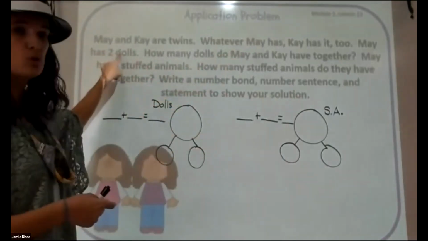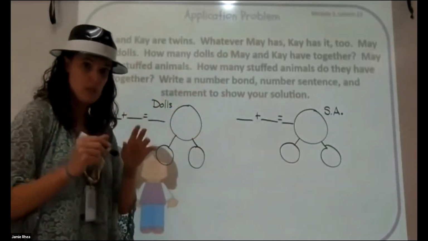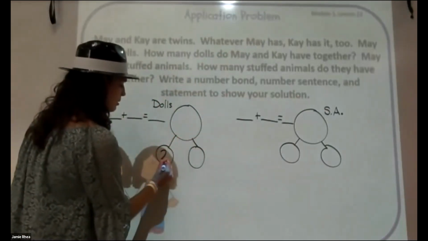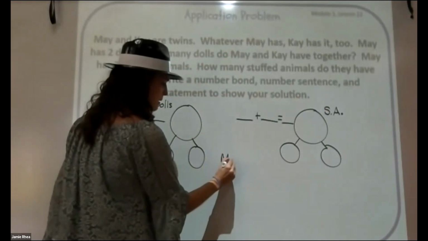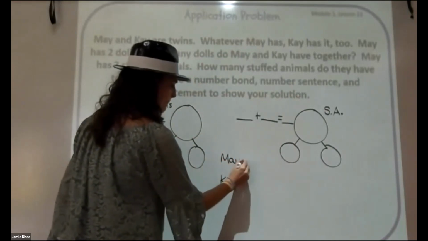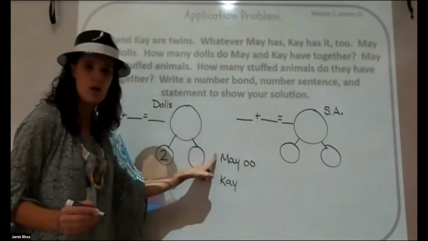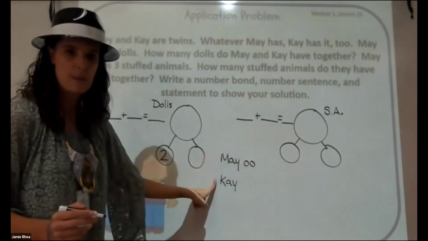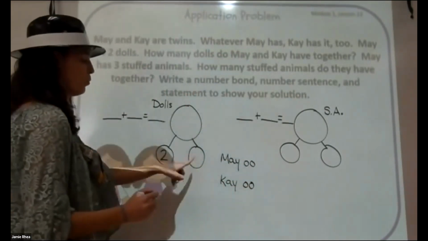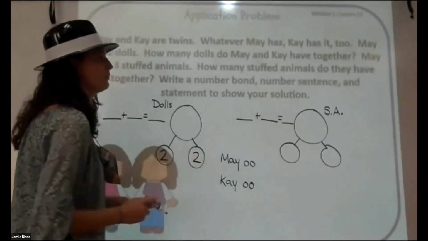May has 2 dolls. Okay. If May has 2 dolls, how many does Kay have? 2 dolls. So we can put here 2 dolls.